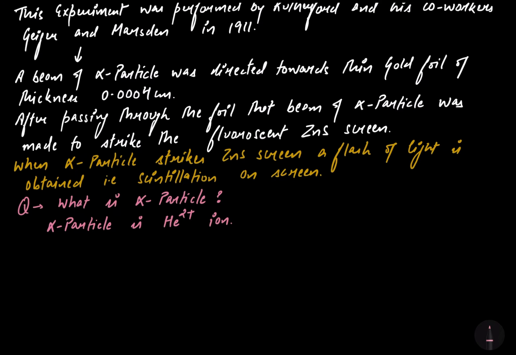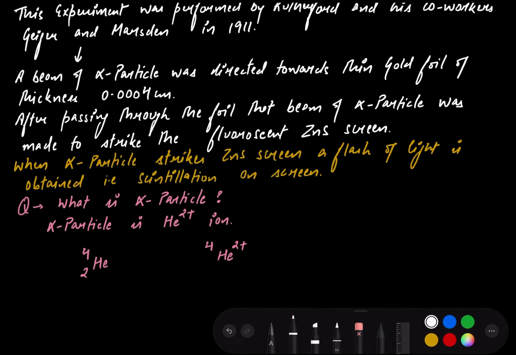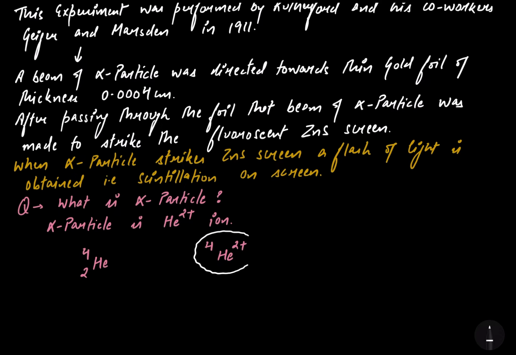That means you have the element helium, its atomic number is 2 and its mass number is 4. When helium loses 2 electrons, it becomes dipositive, but the mass number remains the same, that is 4. So this dipositive helium ion is my alpha particle. It is actually only the nucleus of helium.